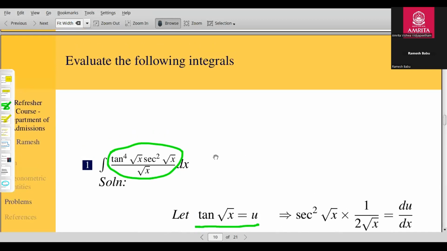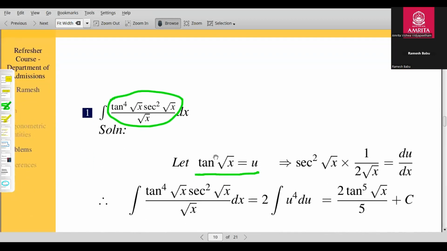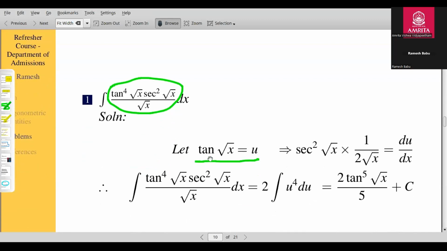But here I have tan of root x, so differentiating it I get secant squared root x, and again I differentiate root x, which is 1 by 2 root x. Differentiating u, you get du by dx. Now I can cross multiply this dx to this term.